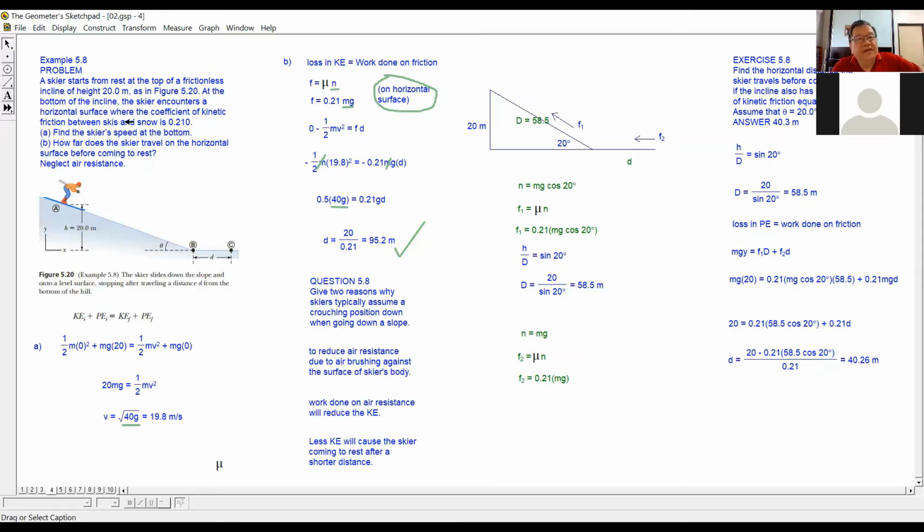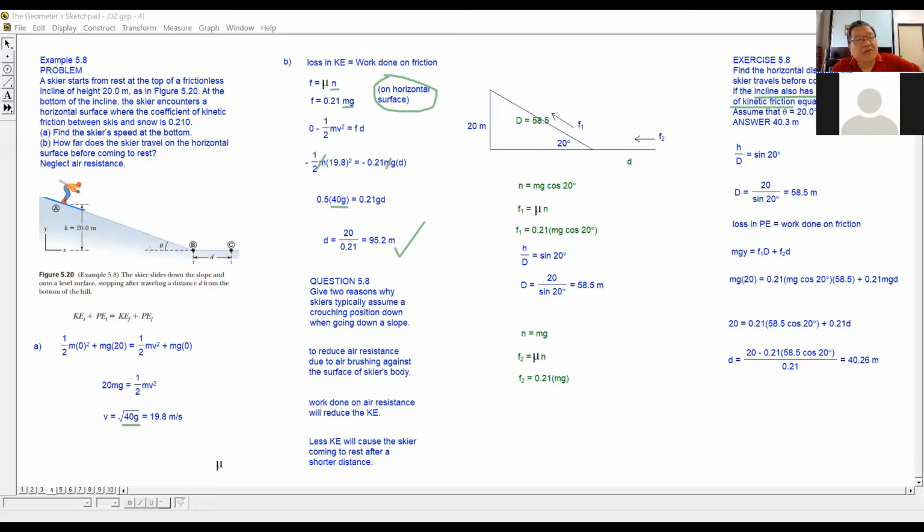The only difference is that the inclined plane also has a coefficient of friction. So in the first case the slope is frictionless, but in the second case the slope has friction.